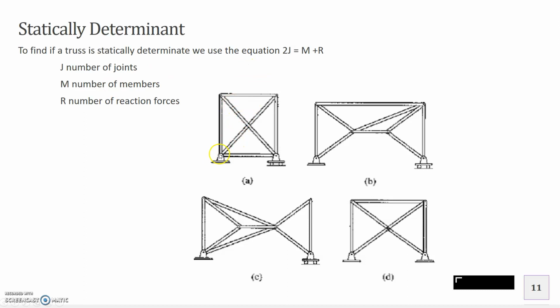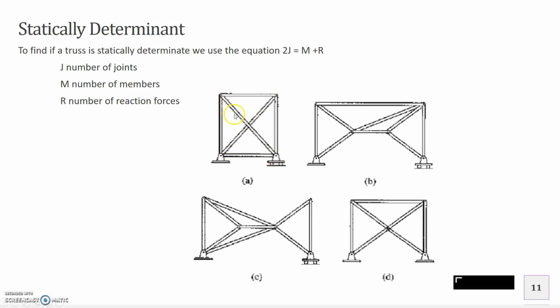We can look at this and we can say how many joints. 1, 2, 3, 4, 5. That has 5 joints. So this is 2 times 5, 10, and the members is equal to 1, 2, 3, 4, 5, 6.